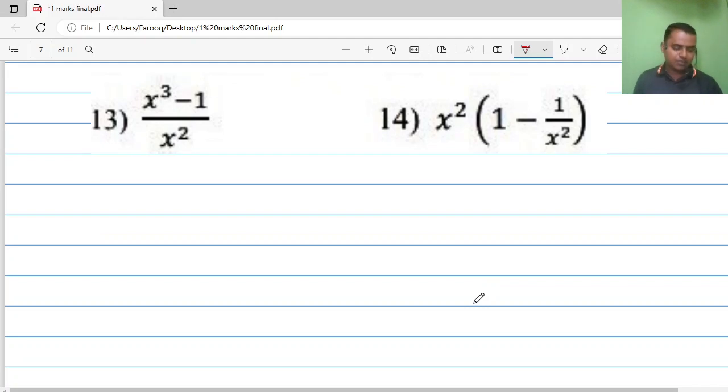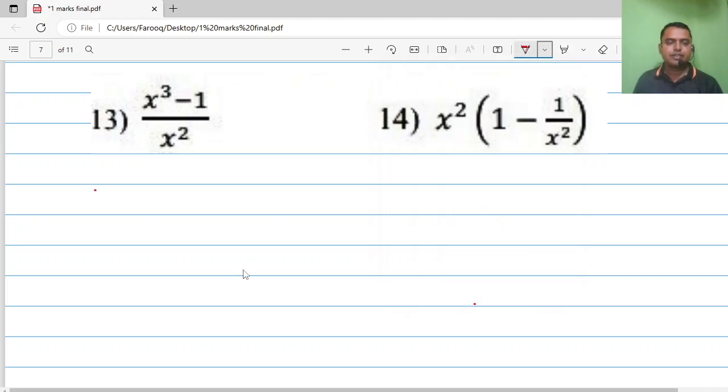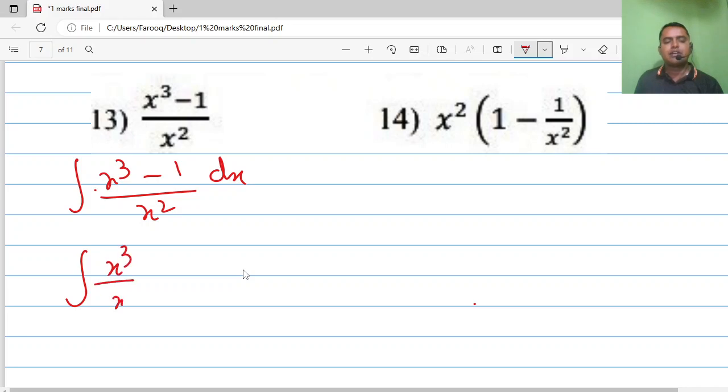Now look at the problem. Now the 13th problem: integration of x cube minus 1 divided by x square dx. Now x cube divided by x square dx minus 1 divided by x square dx.